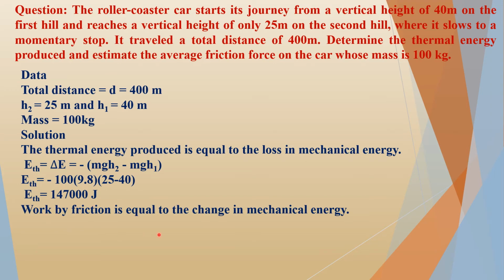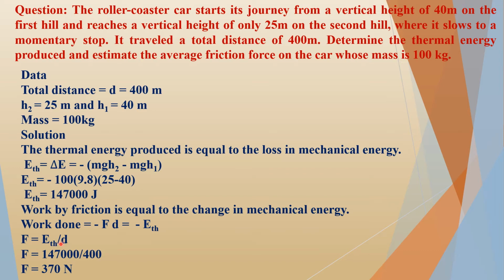Work by friction is equal to change in mechanical energy, and work done is equal to minus F times D, that is equal to minus thermal energy, that is equal to loss in mechanical energy. From here we get frictional force is equal to thermal energy divided by distance. By dividing both values, we get frictional force is equal to 370 Newton.